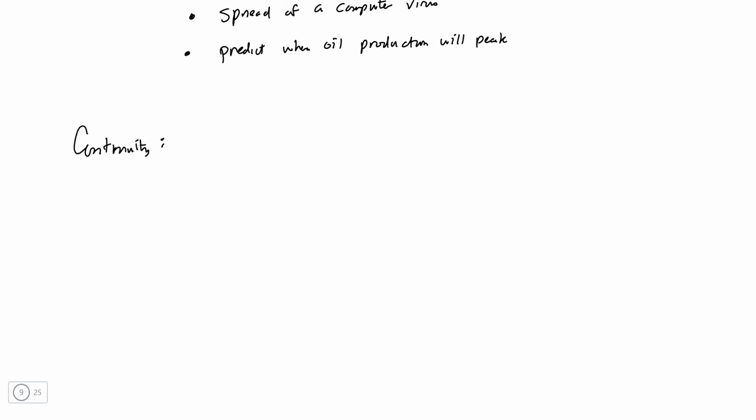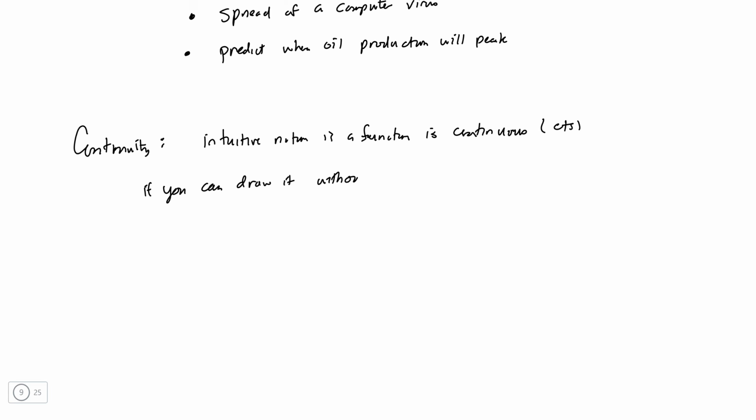So we saw there that the intuitive notion is a function's continuous, which I'll often abbreviate as just CTS, if you can draw it without picking up your pencil or pen or whatever you're drawing with. So that's a nice intuitive notion, the one you'll probably actually think about most of the time.